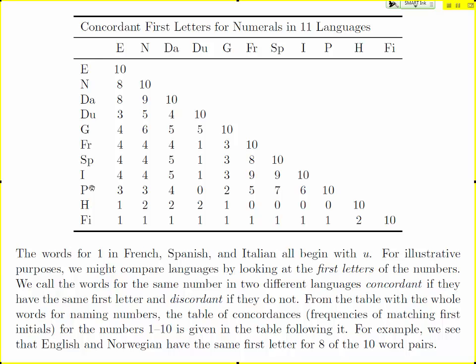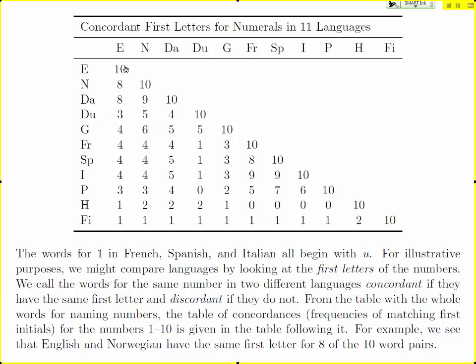like follows. So here's a table that shows cross tabulations. First row, first column, that's E row with E column. That's the number of words, 1, 2, 3, 4, ... up to 10, in the English language that start with the same letter, whose corresponding words start with the same letter, also in the English language.